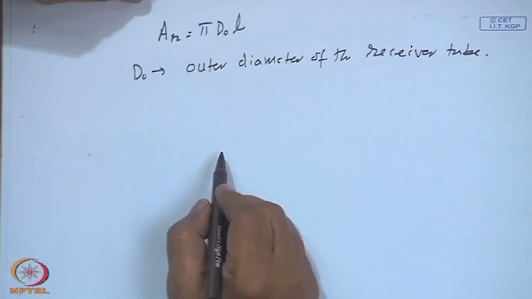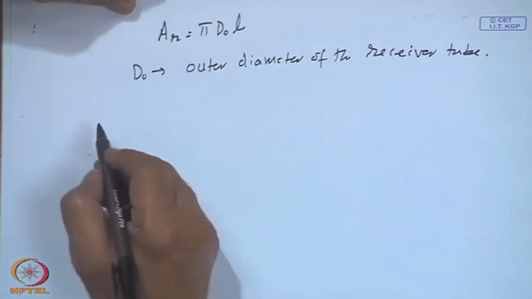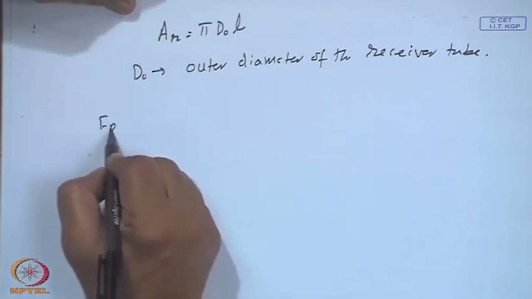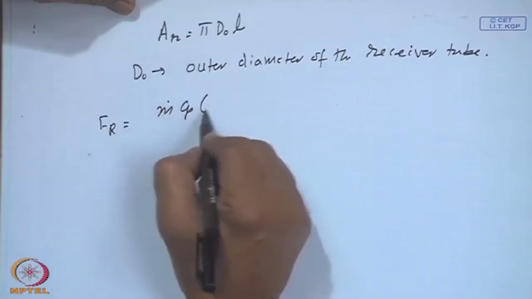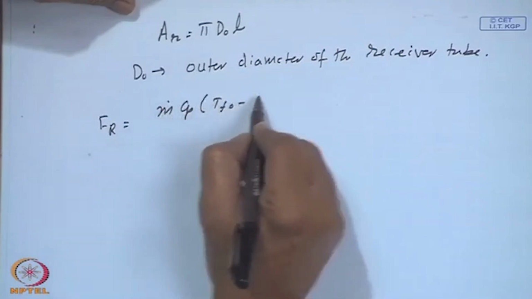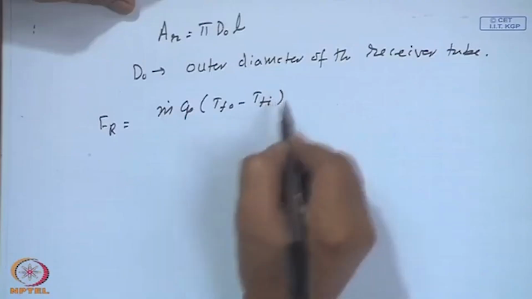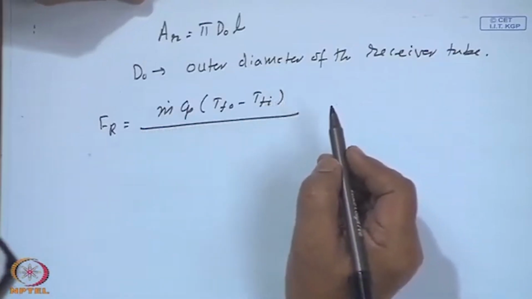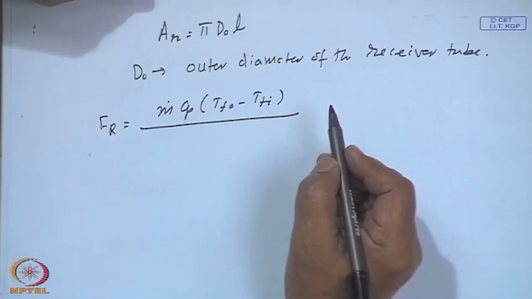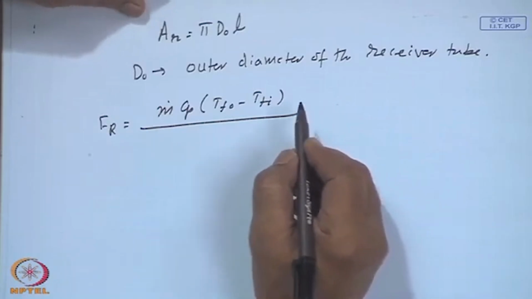Now, we have already derived that your heat removal factor should be equal to the actual energy gain, which, irrespective of the governing equations or the balance equations, is nothing but m dot Cp into Tfo minus Tfi. That is the temperature increase of the fluid multiplied by the flow rate multiplied by the specific heat.